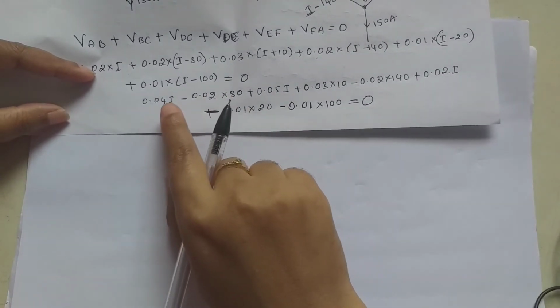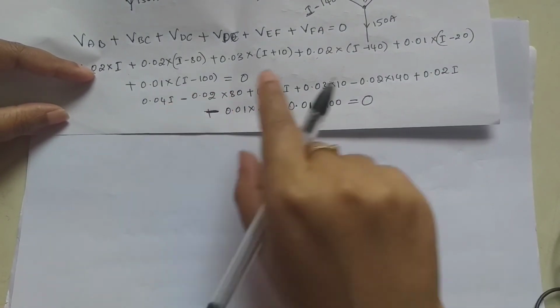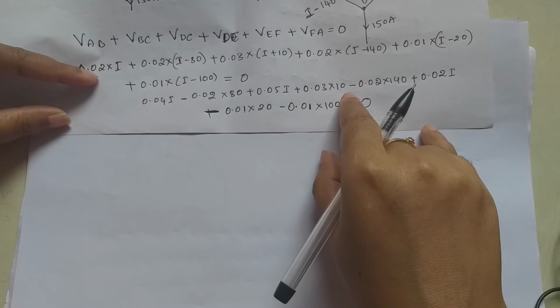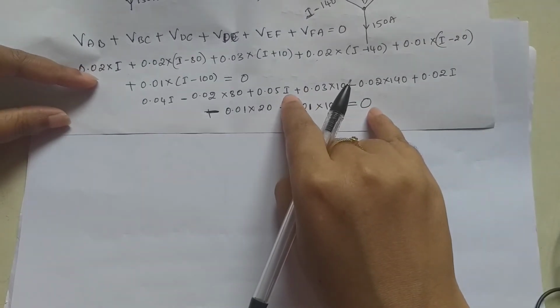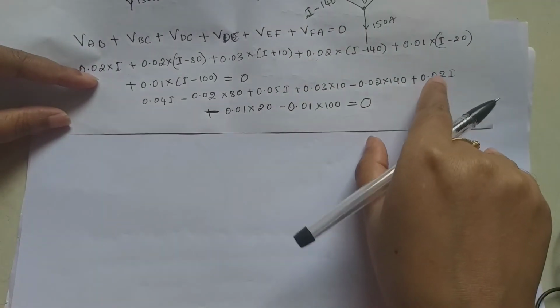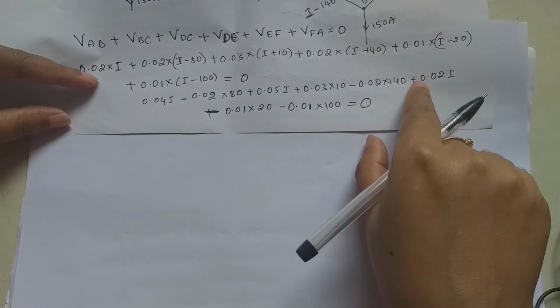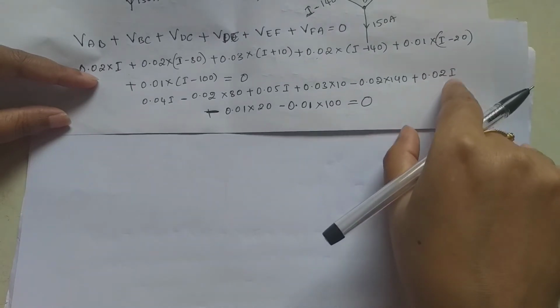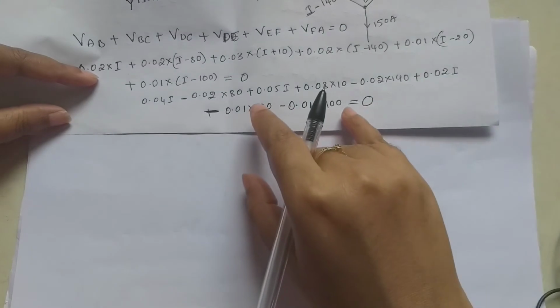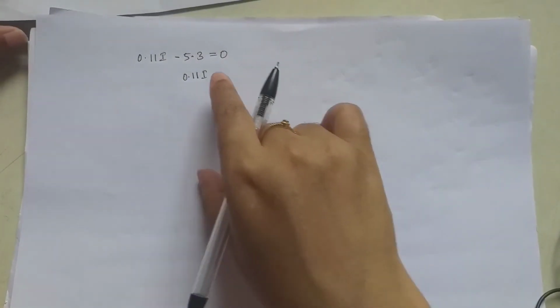Simplifying this, we get 0.04 I plus 0.05 I, 0.09 I, plus 0.02 I, 0.11 I is equal to minus 5.3.